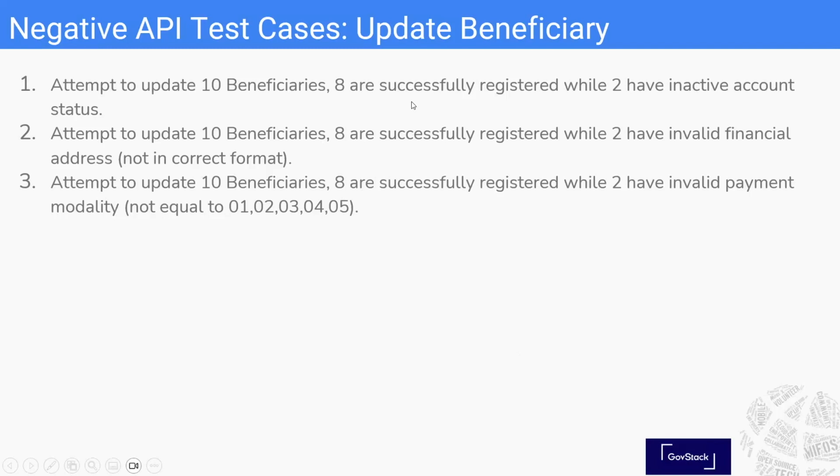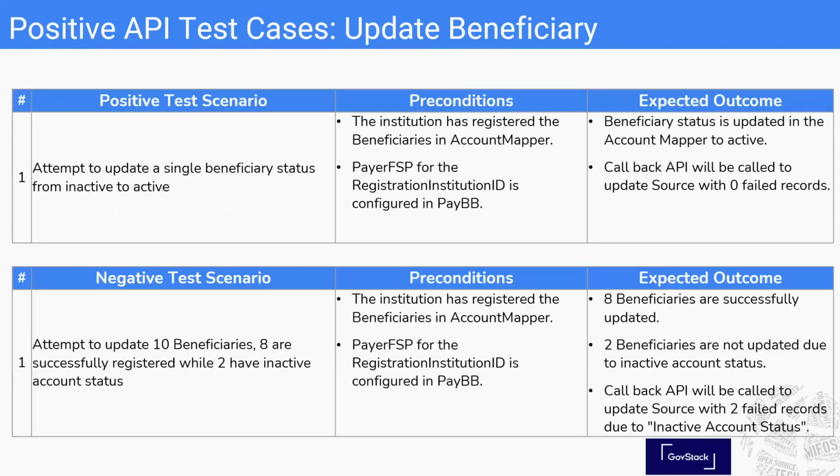Again, we have an API for that. So it has been successfully registered to an inactive account status, for example, so they could not be activated. The information could not be updated, or they may have some invalid financial address, not in the correct format in which it was sent, so they could not be updated. All of these validations are made before the actual registration at the identity account mapper. We give some examples.